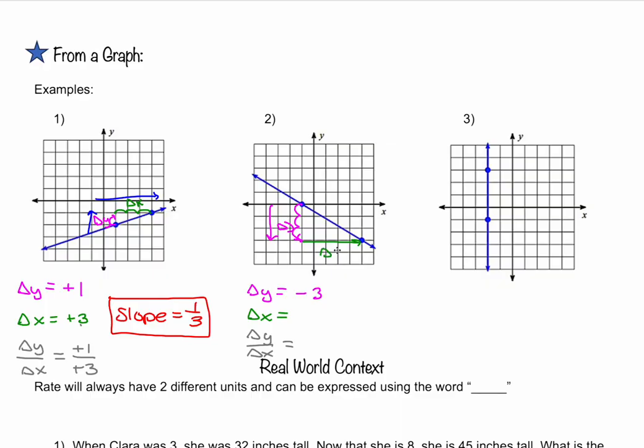So our change in x was a positive 5. So our slope of change in y is negative 3 divided by change in x is positive 5. Negative 3 divided by positive 5 is negative 3 over 5. So our slope is equal to negative 3 over 5. That's example 2.